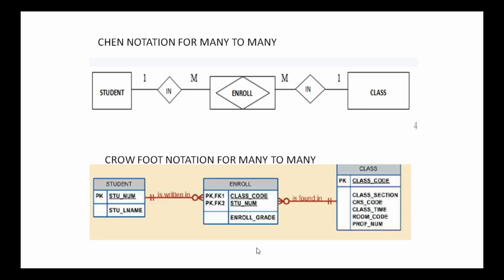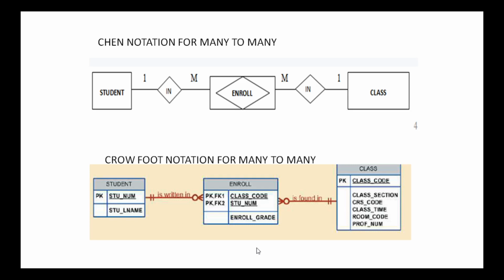Just go through this example. The student and class have a many-to-many relationship. To implement it practically, the many-to-many relationship is divided into two one-to-many relationships with the help of the bridge entity. Here the associative entity is the enroll entity.